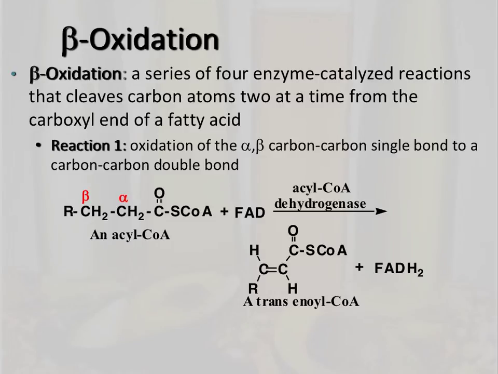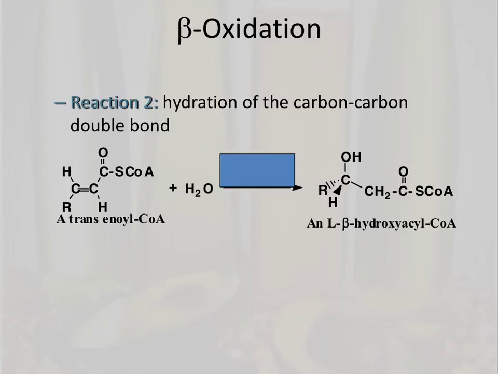So for the second step, we have a hydration reaction. So we take that trans fat, so to speak. Once again, it's not leaving the enzyme complex. And we're adding a water, so we're hydrating it, to make this beta-hydroxyacyl-CoA.